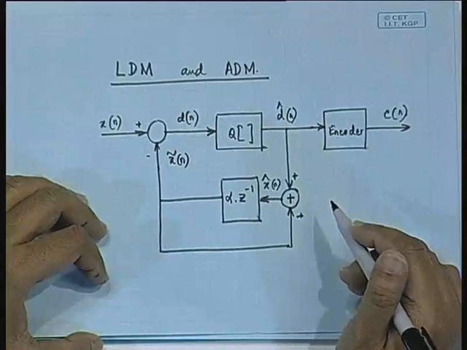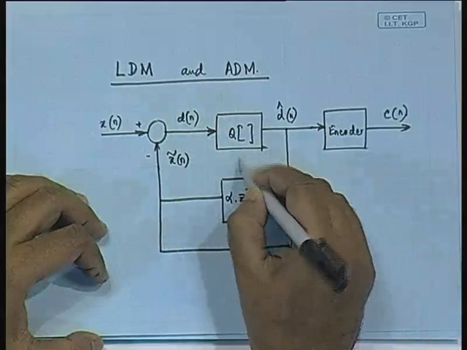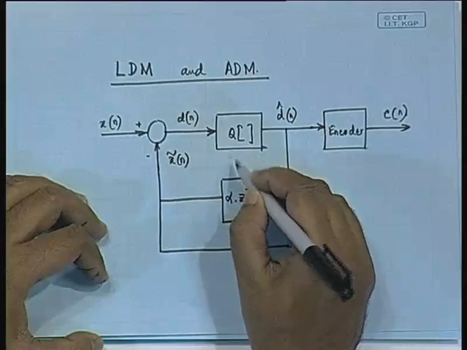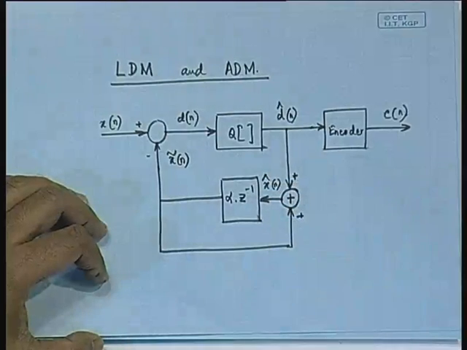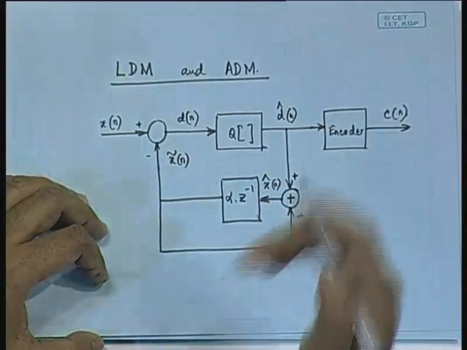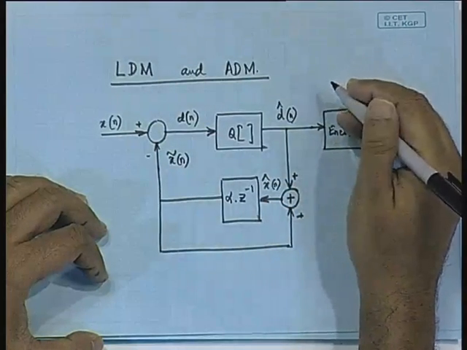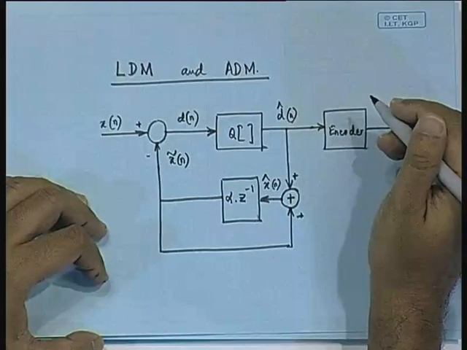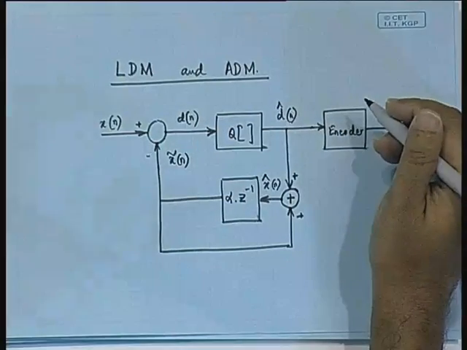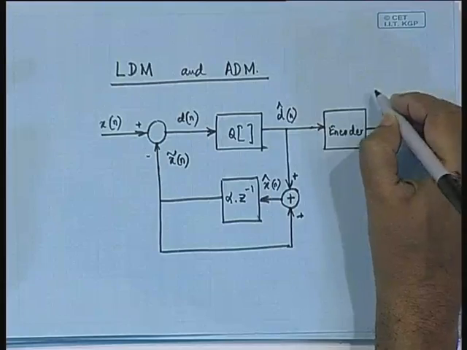This had a fixed value of delta, but now instead of a fixed value of delta, we should add a block so as to adapt the step size. Again, we can adapt it either through a feed forward mechanism or through a feedback mechanism. So let us say that we have a feedback mechanism.